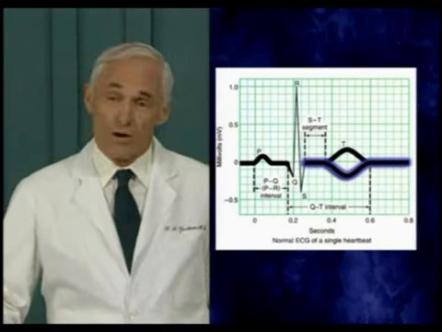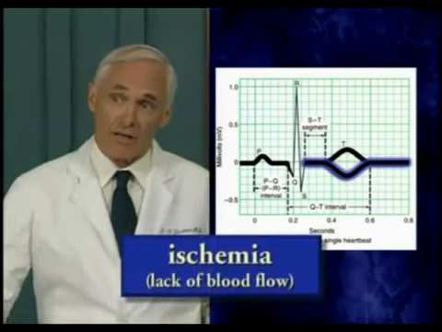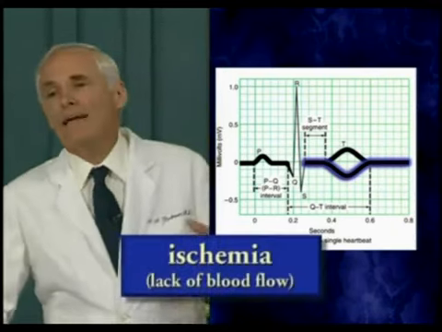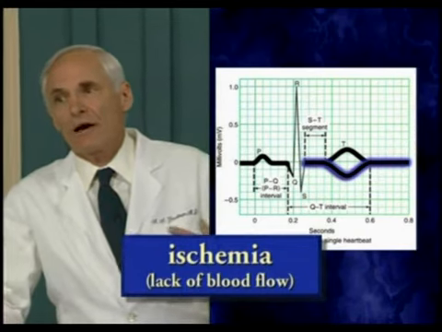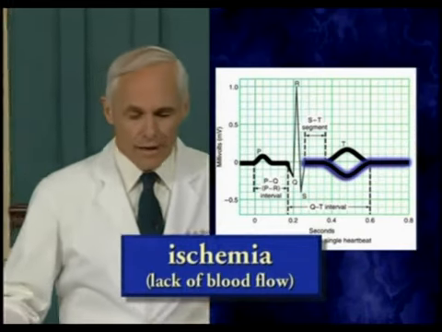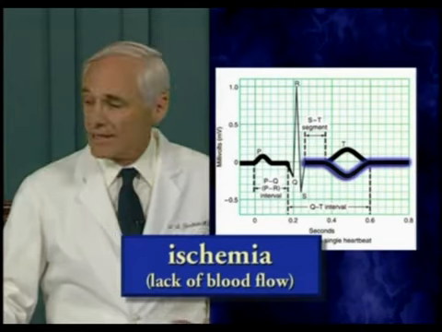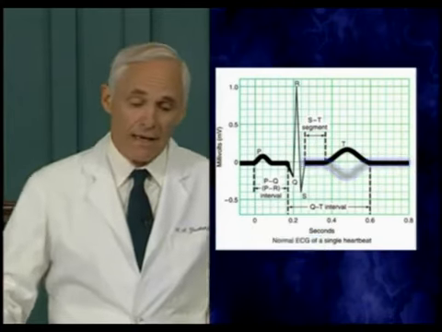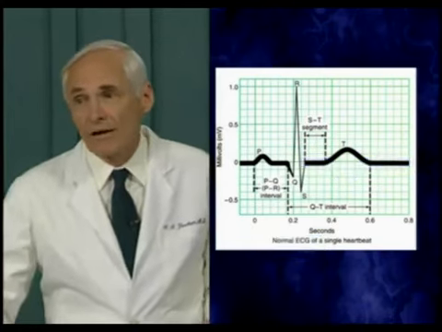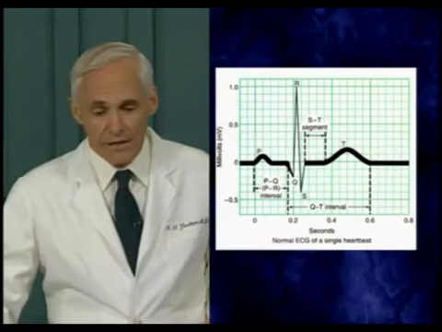This is a positive stress test. This patient is a very good candidate now to have an arteriogram. We can take dye and run it through the heart and see exactly the patients we can probably help the most.